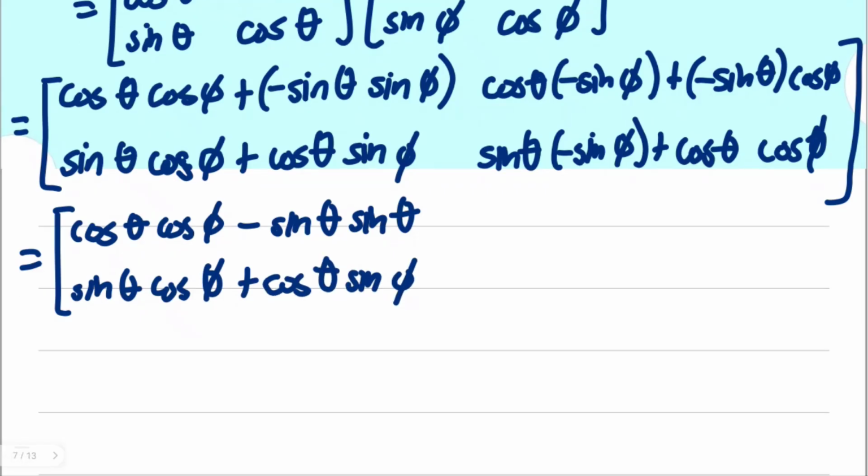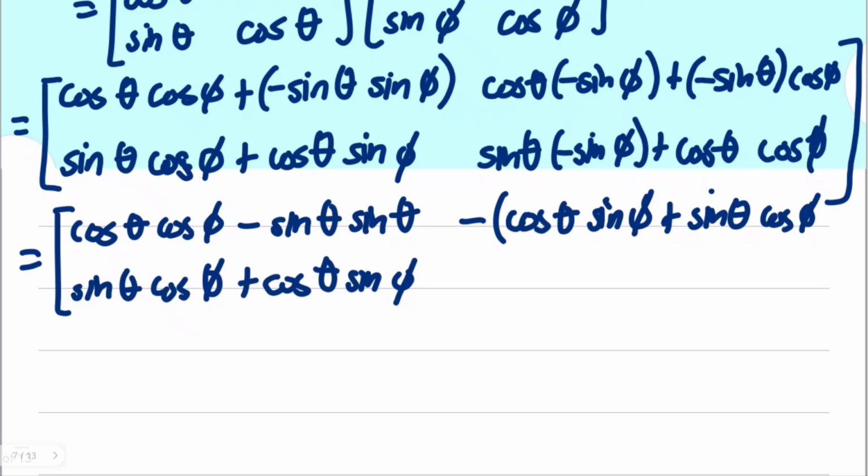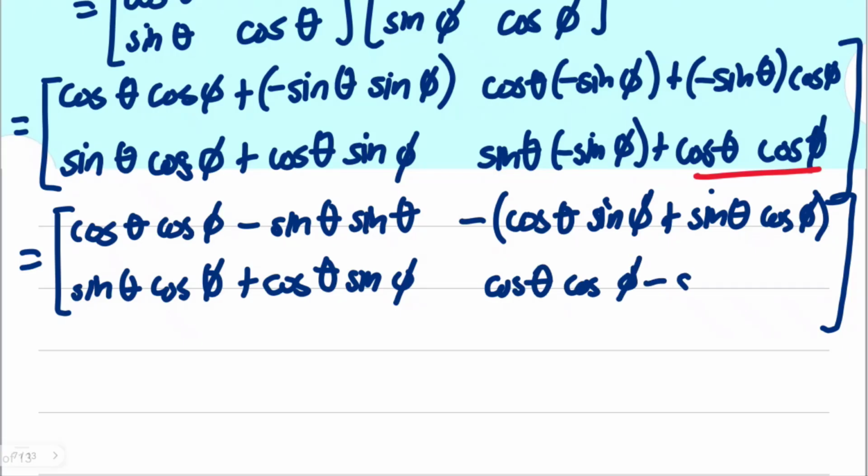Next entry, if we're going to factor out a negative, what remains here would be cosine theta, sine phi plus sine theta, cosine phi. So that's it for this portion. And here you also have, I'm going to start writing this, just to be similar to this entry here, cosine theta cosine phi minus sine theta sine phi.